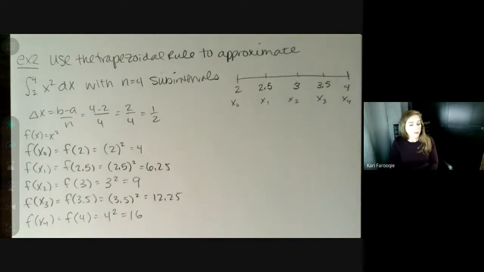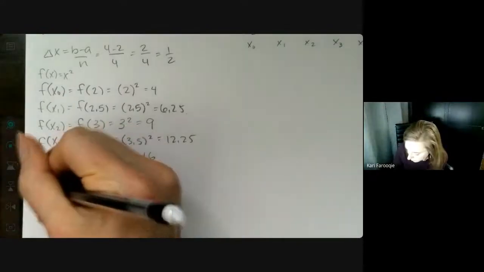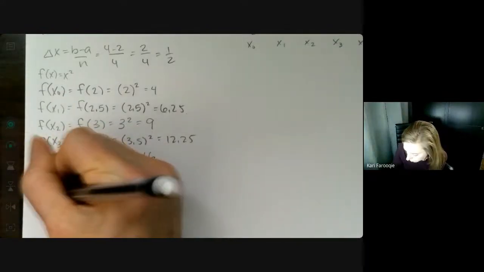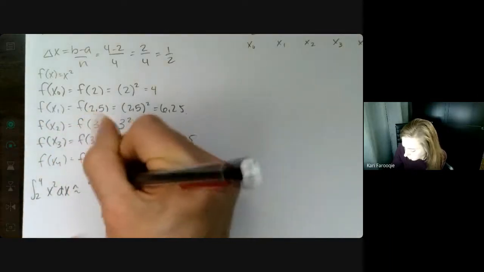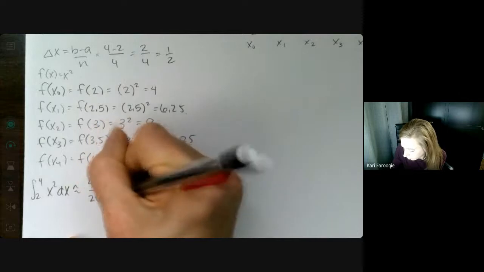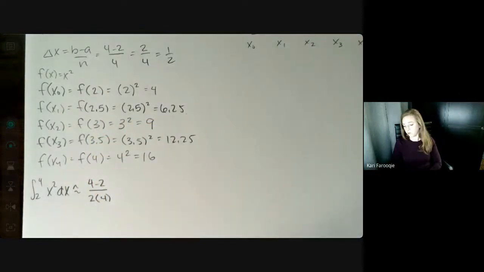And then we'll apply the formula. So the integral from 2 to 4 of x squared dx is approximately equal to b minus a over 2n. n in our case is 4. We split this up into 4 subintervals.